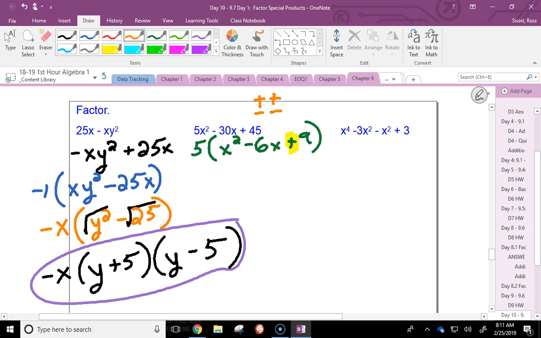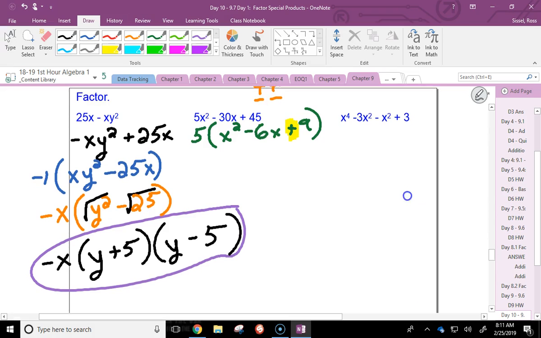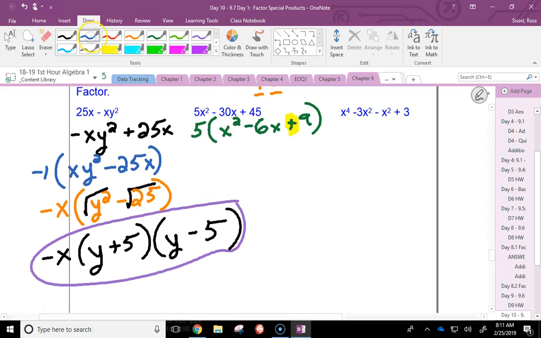Why subtracting? Alright, so let's break this one down then. I would have to square root the x, so that's going to give me x. Square root my 9, which is going to be our negative 3. This 5 still has to come down.